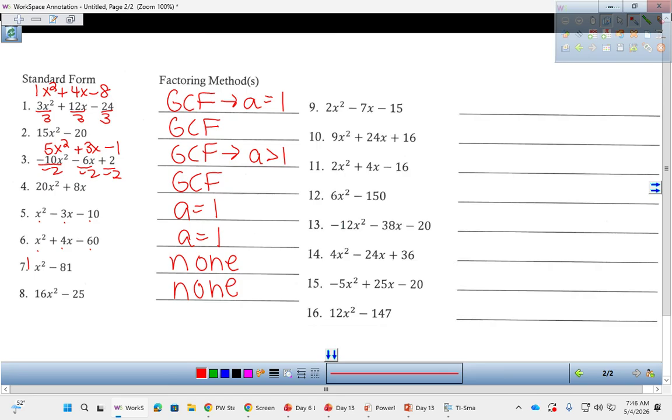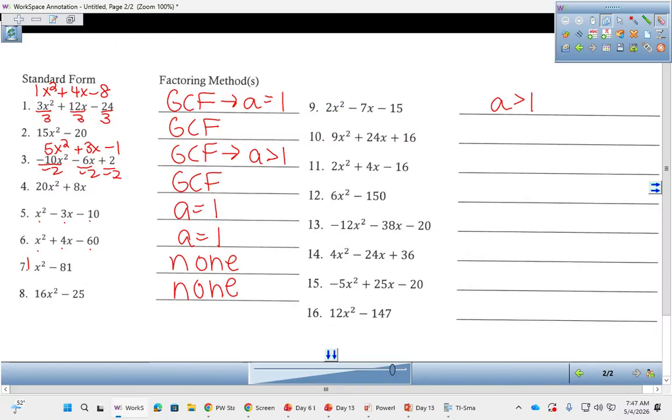All right, what about number 9? They're not all even, so I can't divide out a 2. A is greater than 1. My initial reaction would be, let me see if I can get rid of this 2. But that's a decimal, and so I can't get rid of the 2, so this one's A is greater than 1. Number 10 is also A is greater than 1.